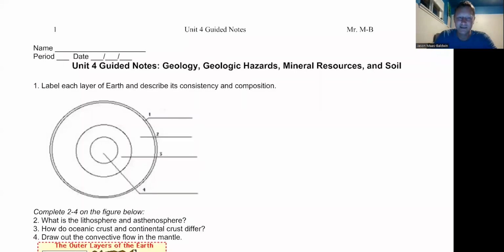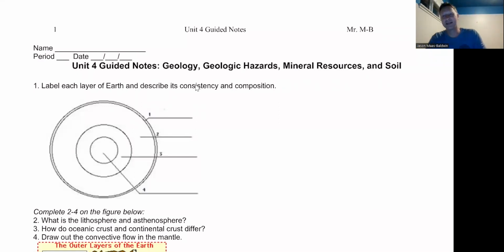What you're going to be seeing right now, hopefully in front of you, and if not, you need to pause this video, is the Unit 4 packet, which should have already been given to you. Unit 4 is all about geology, and that includes layers of the Earth, how the Earth changes, aka geomorphology, the rock cycle, rocks themselves, plates, plate tectonics, and also soil.